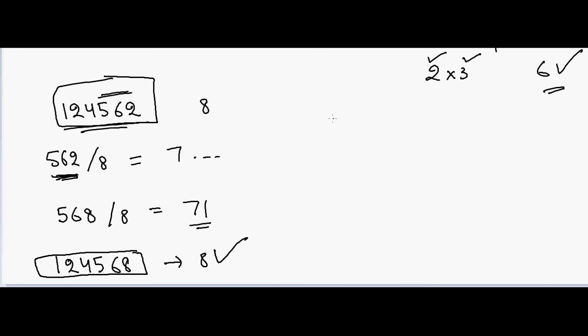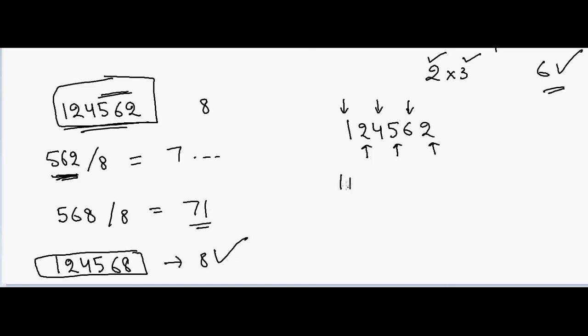Now let's talk about the divisibility by 11. So if I have 1, 2, 4, 5, 6, 2, and I want to find out whether this number is divisible by 11, what I'll do is take the alternate digits. So I'll take this and this and this, and then the other alternate digits, and add them together.